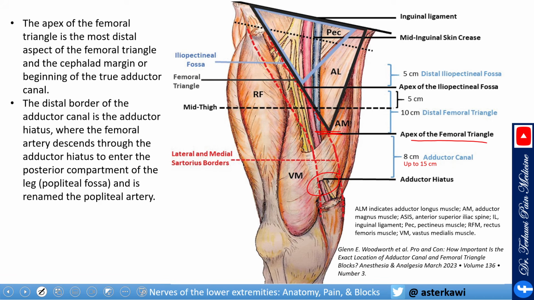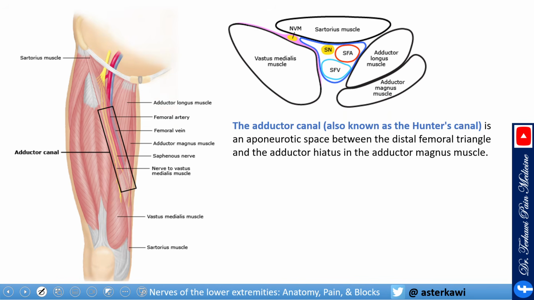In the adductor hiatus, the femoral artery descends through the hiatus to enter the posterior compartment of the leg, the popliteal fossa, and continues as the popliteal artery. The adductor canal length varies between references, which makes sense. It varies between people. It's anywhere between 8 to 15 centimeters.